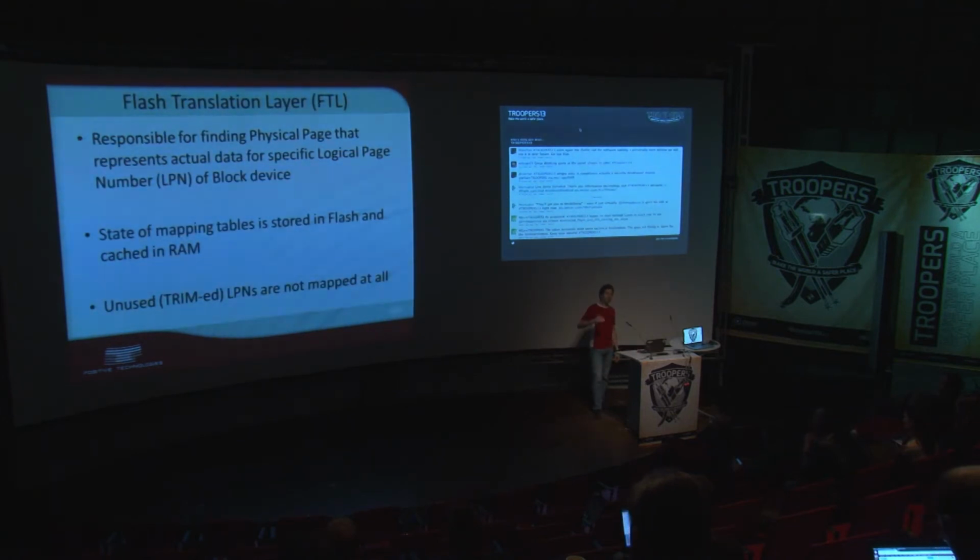This level between logical and physical pages, between the number of a sector and the number of the physical page where the sector is stored right now, is called the flash translation layer.